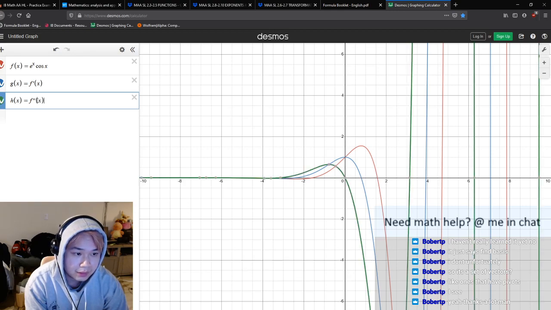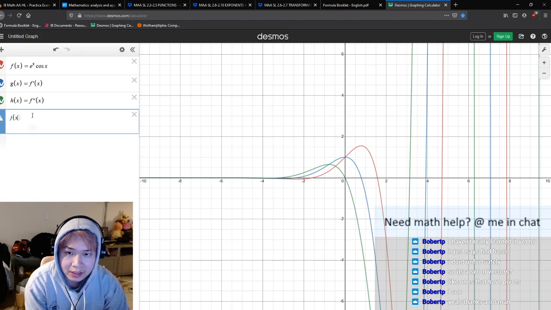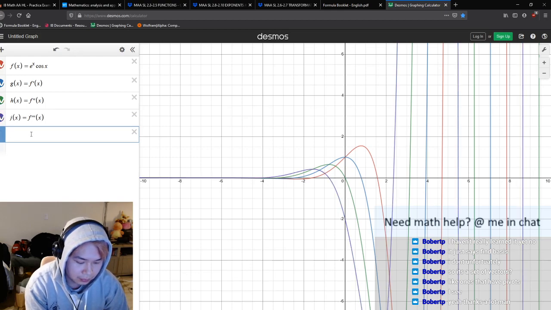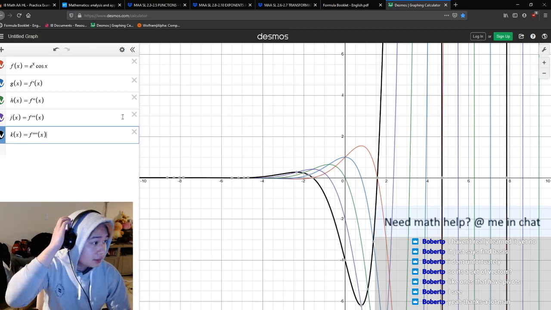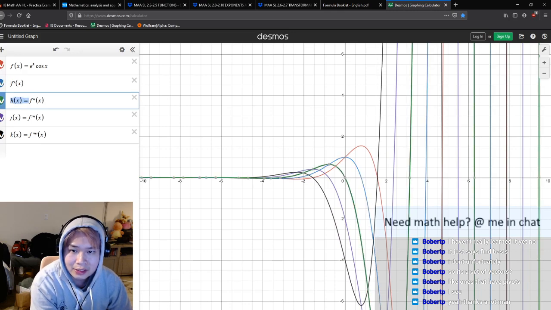Double prime. Yeah. J of x is triple prime. And then J, H, I, J, K. 1, 2, 3, 4. Wow. See, look at how efficient this is.